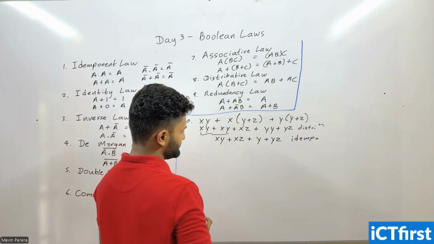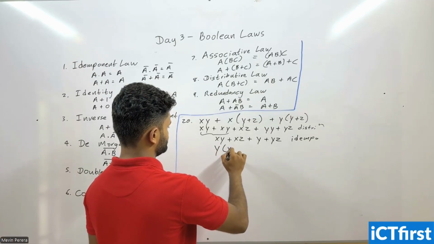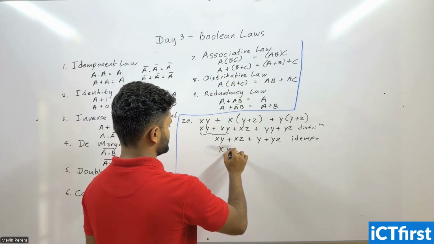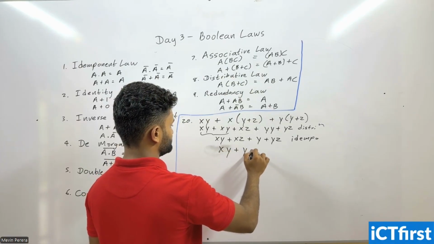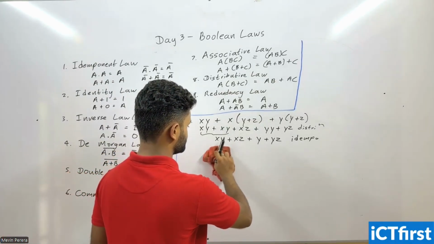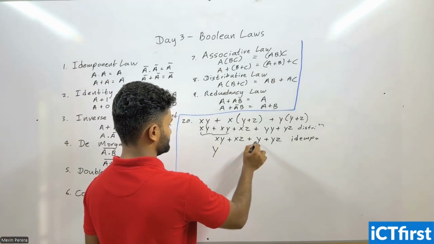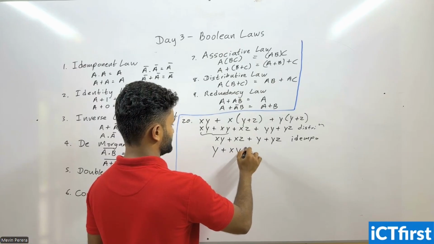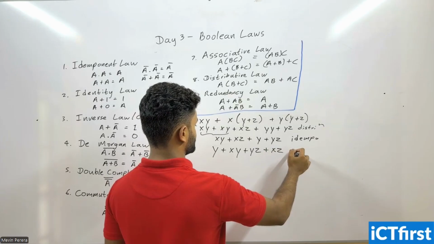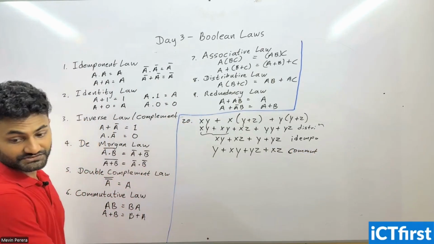Then what I'm going to do is take y outside. First, let me rearrange them. Bring y to the front: y plus xy plus yz plus xz. The law is the commutative law.